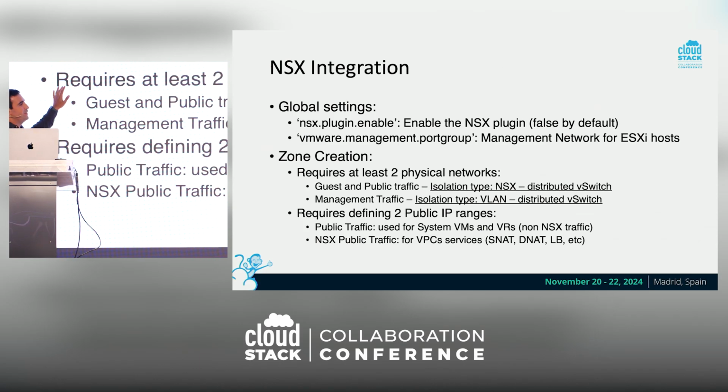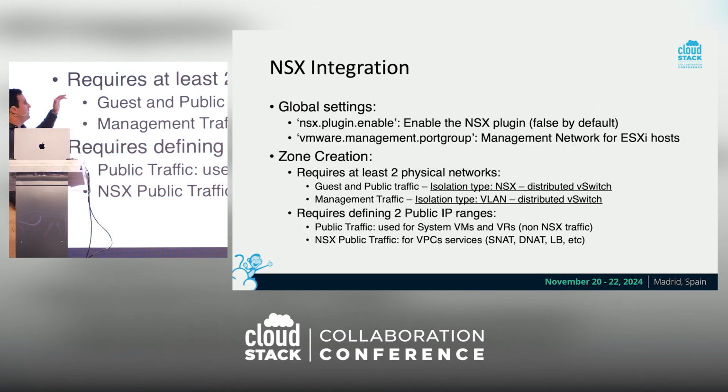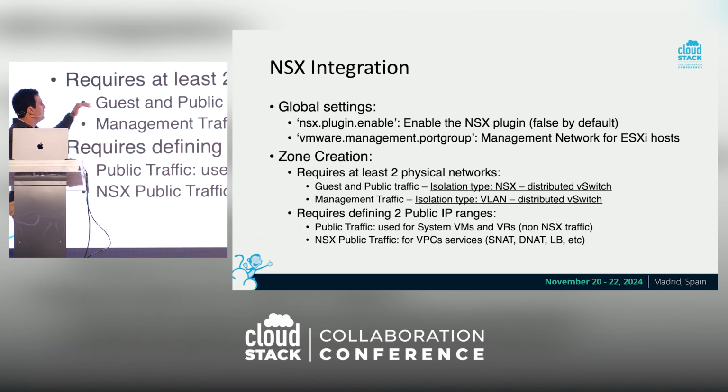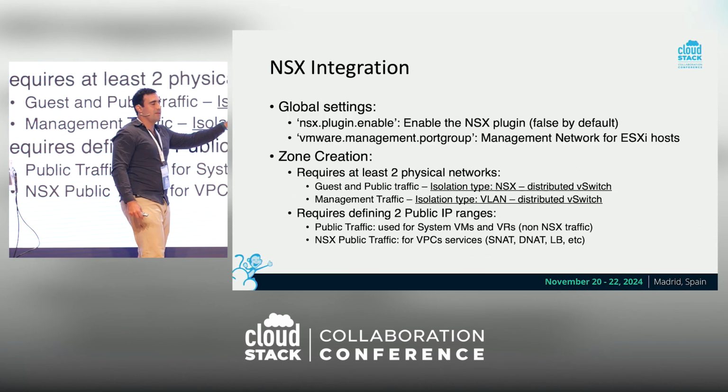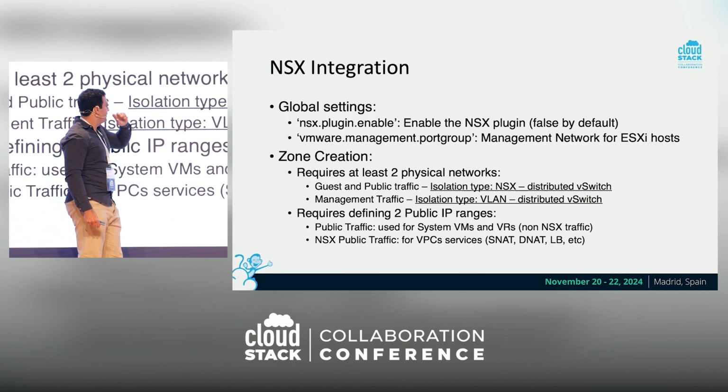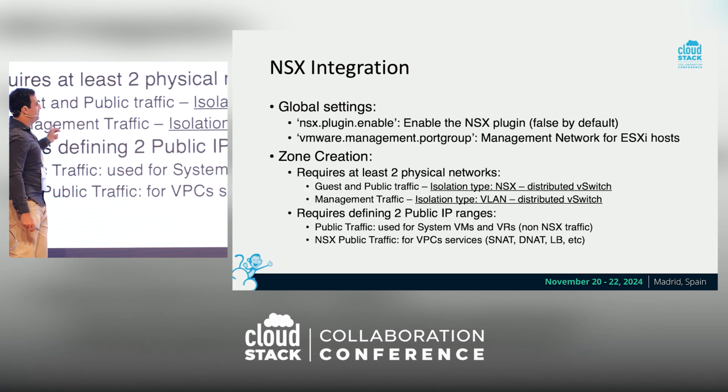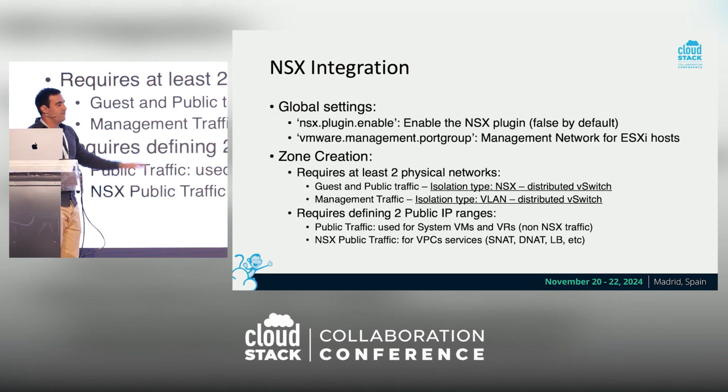The first thing, physical networks. You will need at least 2 physical networks. One will handle the guest and public traffic. This one should be NSX isolation type in CloudStack. And the other one should handle management traffic, which should be a VLAN.